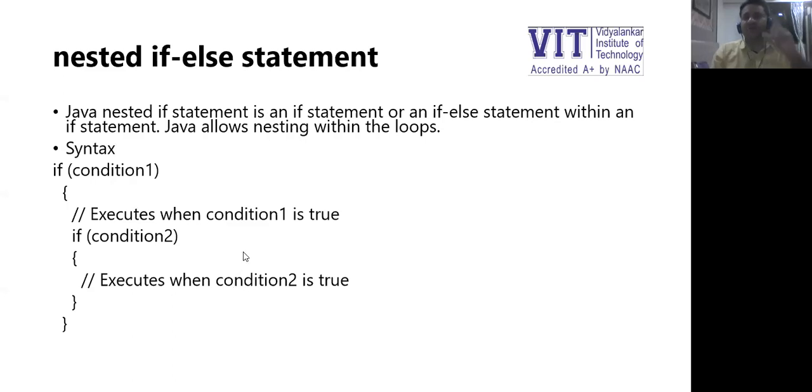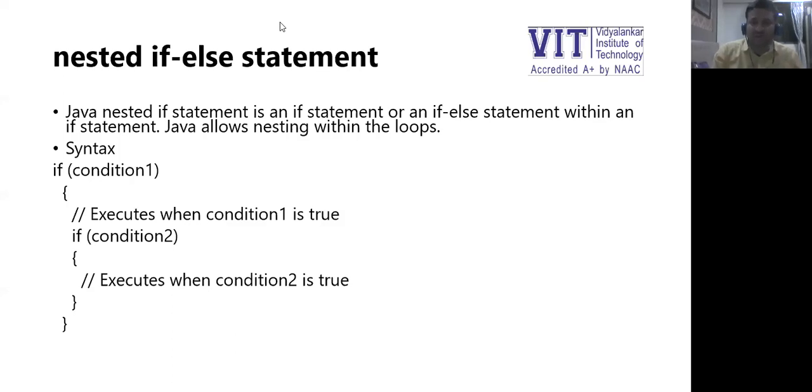Nested if-else means what? We can nest an if-else statement within an if block or within an else block. This is how nested if-else goes. So here, if condition 1 is true, then it will check whether condition 2 is true. If we have nested another if block, we can nest else also here. And even in the else block it can be something like this.